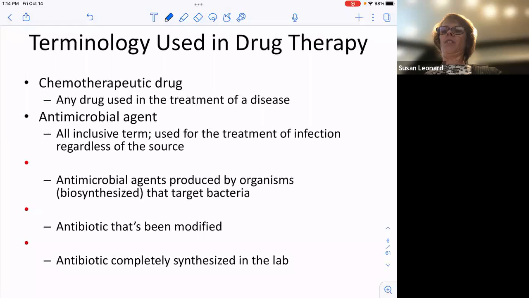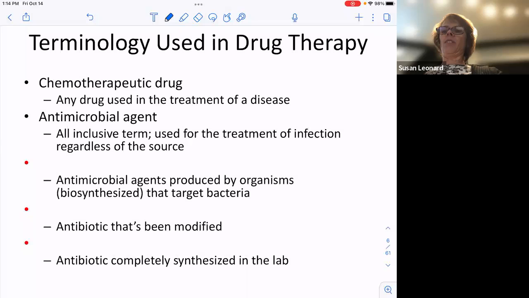When we talk about chemotherapy or a chemotherapeutic drug, usually we think, oh, that's a drug to treat cancer. But in the broad sense, any chemotherapeutic agent is any drug that we use to treat a disease. And by disease, we mean injury to the host, to us, something that's not a healthy state.